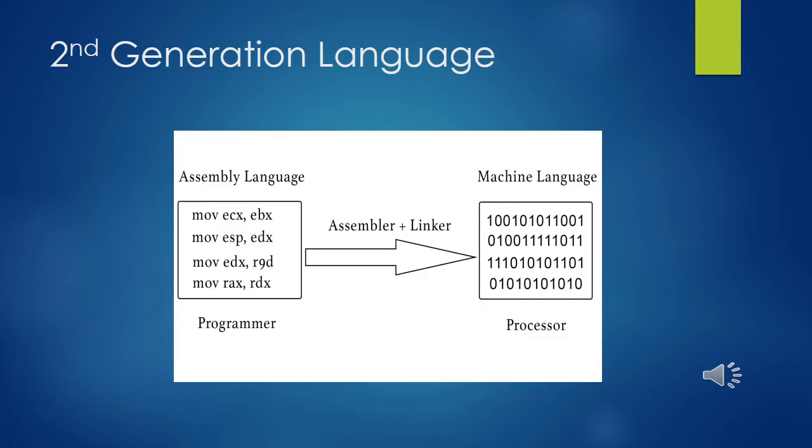Here we have second generation language, which is very similar to the first generation. It is a grouping of programming languages associated with assembly languages. Unlike first generation languages, programs can be written symbolically using English words, also known as mnemonics, in a way that a human can understand, and are subsequently converted into machine language by an assembler.